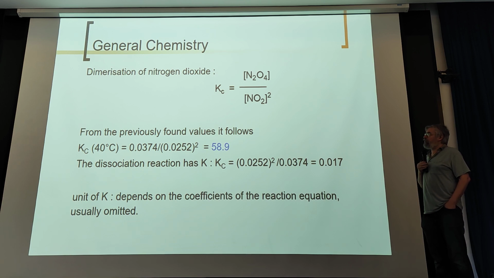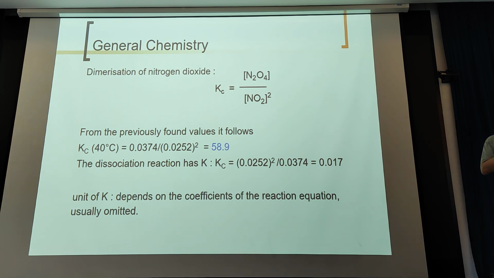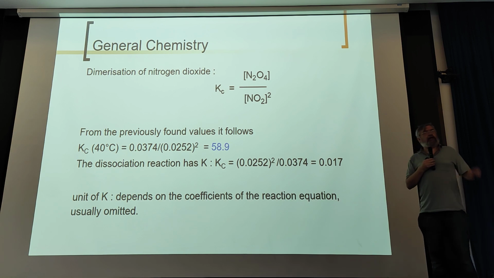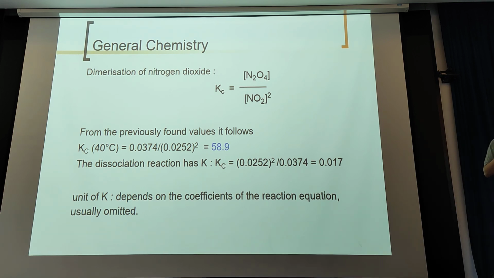If we do that, we see that Kc at 40 degrees, and you have to tell the temperature because K is temperature dependent, is 58.9. Now I put Kc, and the c is for concentration, because this is an equilibrium constant based on concentrations. As we will see, there are other possibilities with gases to express an equilibrium constant.